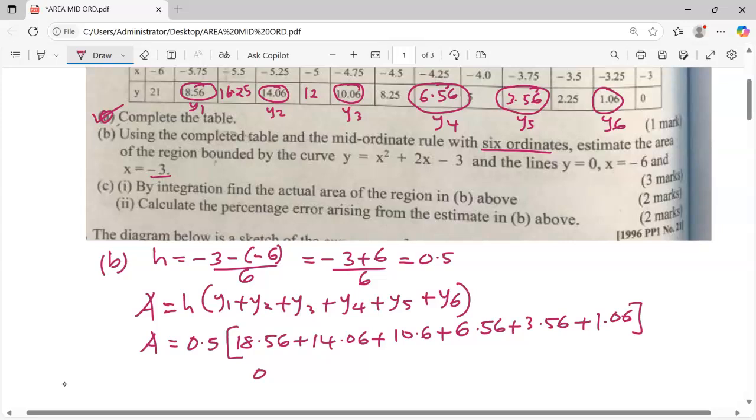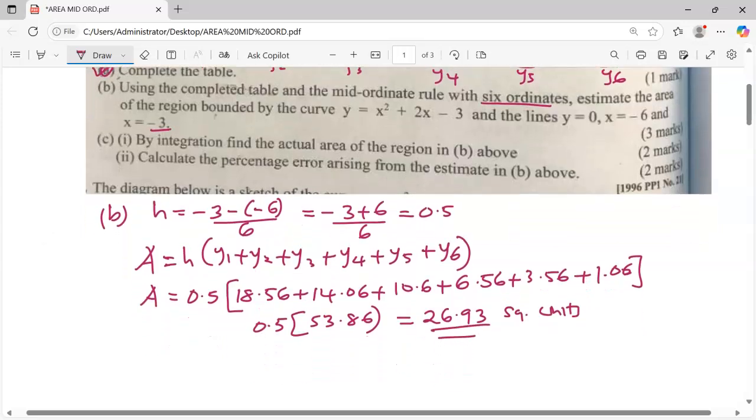You multiply 0.5 by the sum of all the ordinates, which is 53.86. And 53.86 times 0.5 will give us 26.93 square units.